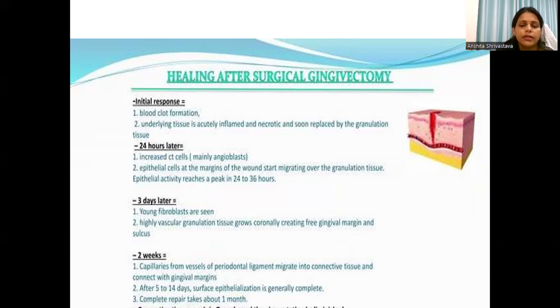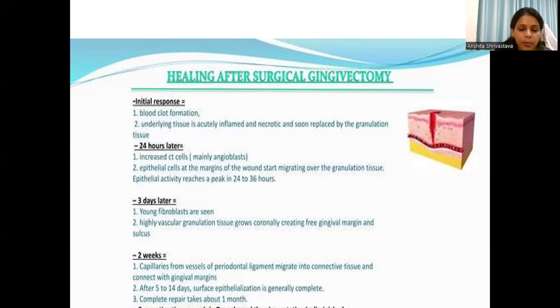Healing after gingival surgery, healing after surgical gingivectomy. Initial response: there is blood clot formation, underlying tissue is inflamed and necrotic, and it will be replaced by granulation tissue. After 24 hours, what will you see? Mainly angioblasts, and epithelial cells are seen at the margins of the wound, which start migrating over the granulation tissue. After 3 days, what will you see?